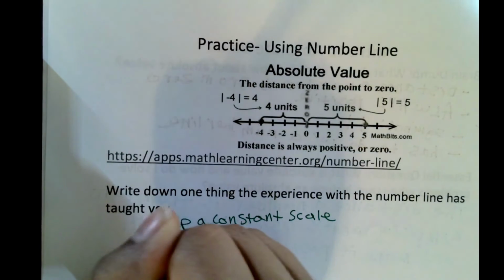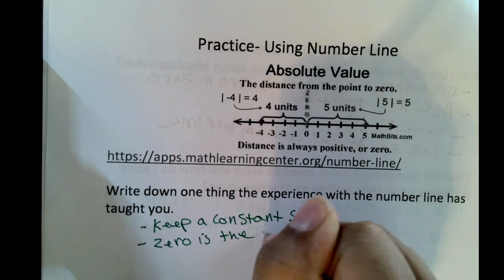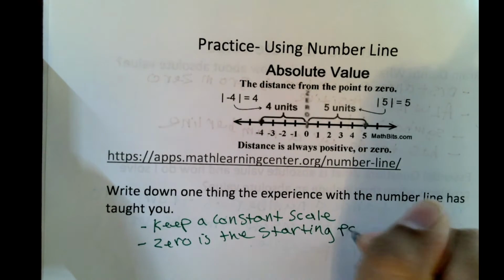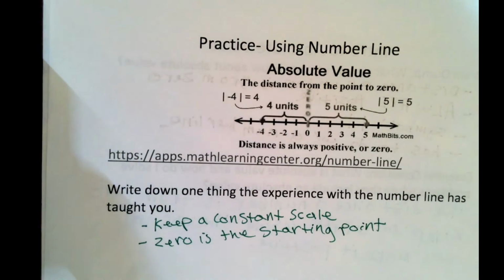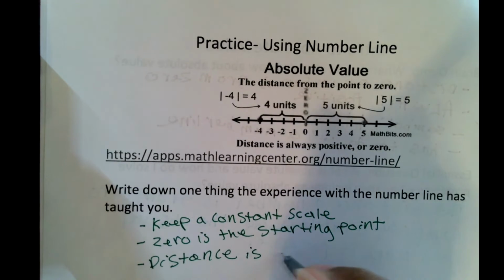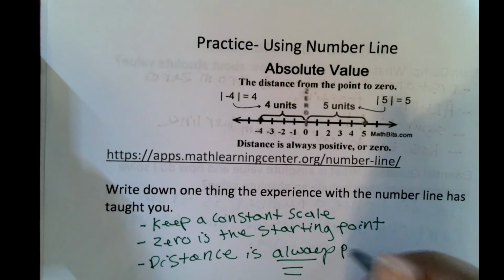Another one that people said that I really liked is 0 is the starting point. Whenever you are dealing with absolute value, you will not deal with anything where 0 is not your starting point. And finally, distance, and I'm going to keep writing it, you're going to get tired of me saying it, but distance is always positive.